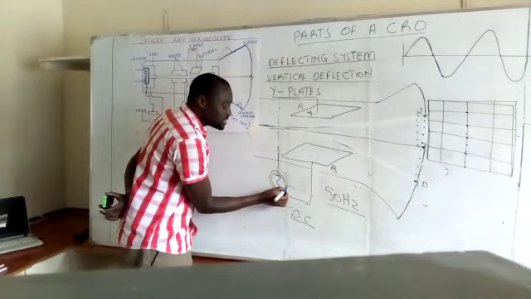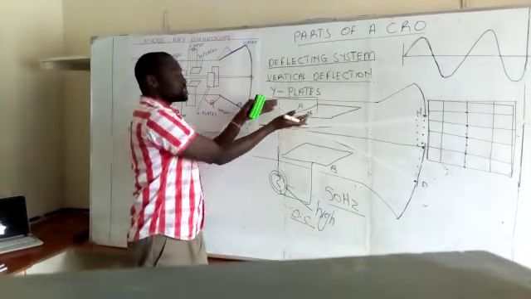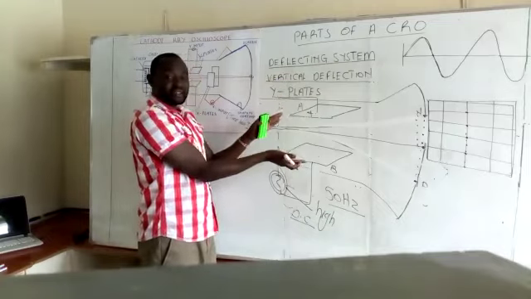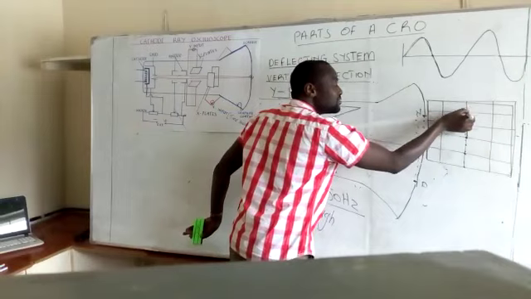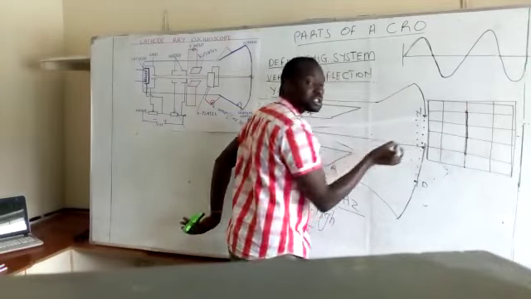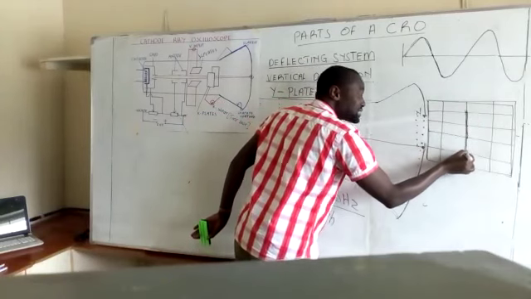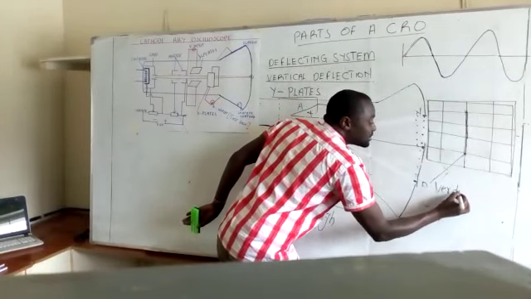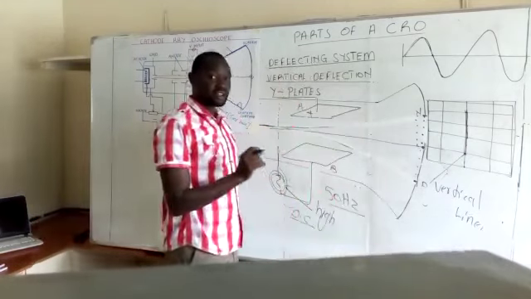But if this frequency is very high, that is the rate at which A and B are alternating, then the dot will be moving across the screen very fast. And therefore, what we shall see on the screen is not the dot moving, but a vertical line. A vertical line will be seen on the screen.